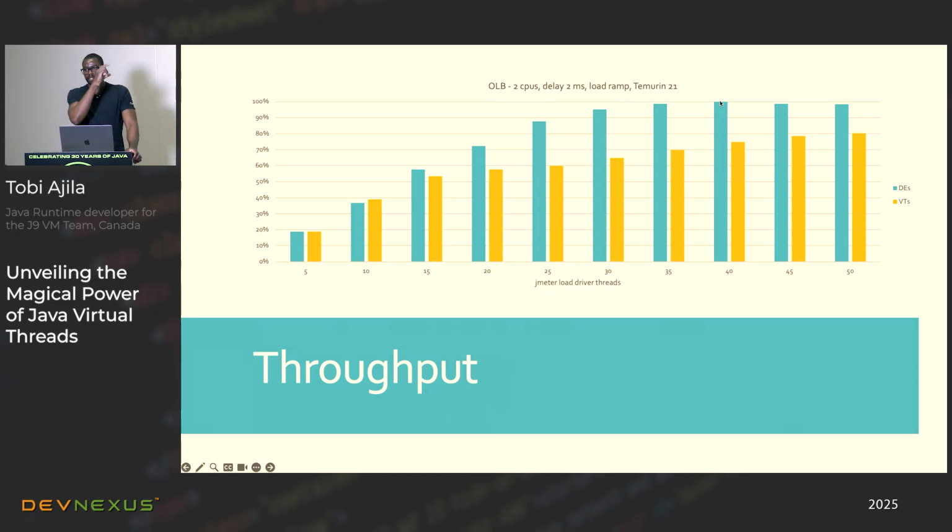That score represents the throughput, the transactions per second. So we can see the relative performance for each of those. At low loads, virtual threads performs well, even a little better. And then as the loads increase, we see degradation here.